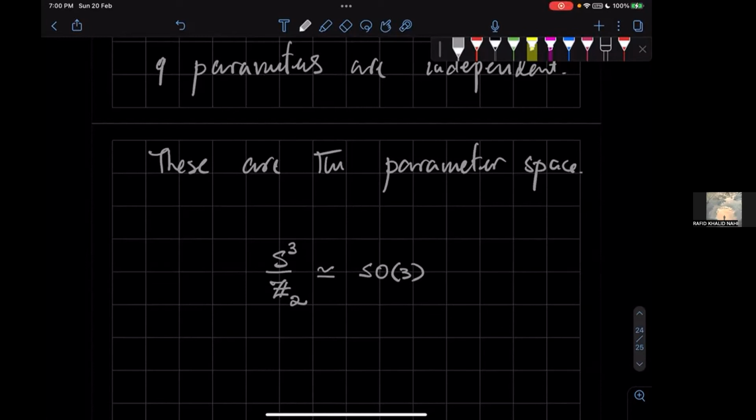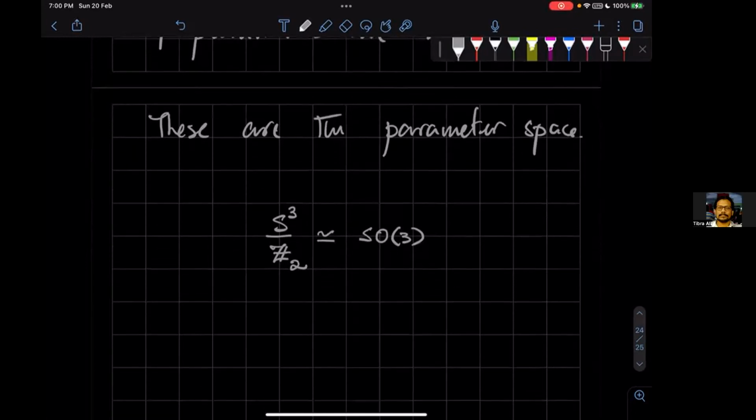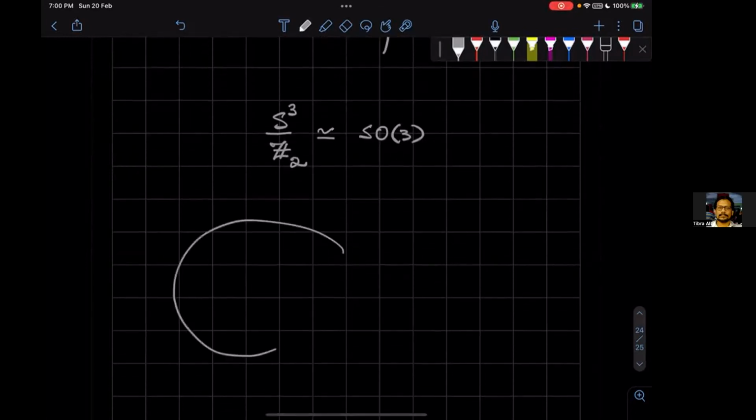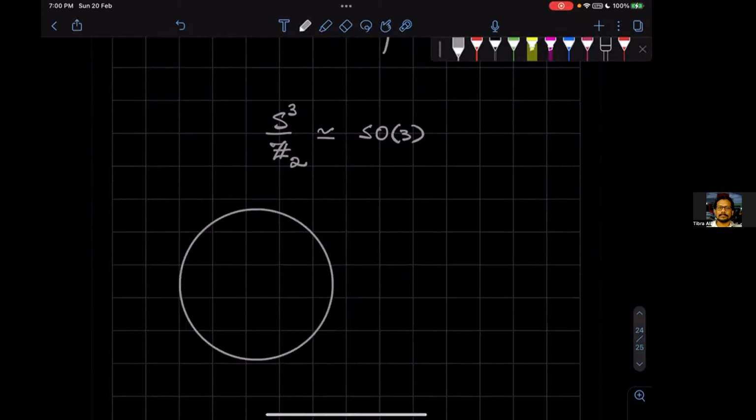So what does the S3 refer to? Is it like the SU2? Yes, it's SU2. So it's the parameter space for SO3, we will see at some point in the future, and this is something I want you to understand eventually, and sorry, my sphere is not working out today.